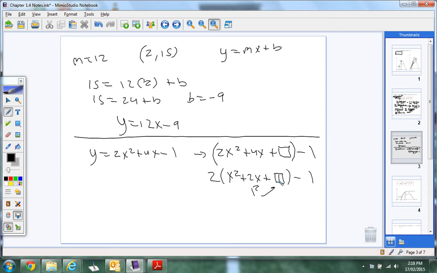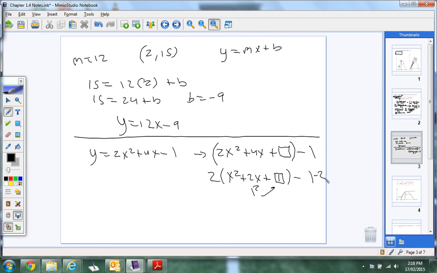So where I kind of explained it, maybe I didn't explain it good my first semester, but when you put a 1 here, right now it's surrounded by brackets. To get out of the brackets, it's got to hit if there's something that's outside. So what's 1 times 2? 2. So that's plus 2, so I have to minus 2. Opposite. So we didn't add a 1, we added a 2. So I have to subtract a 2 to even out my equation. So I'm just going to put a minus 2 here.